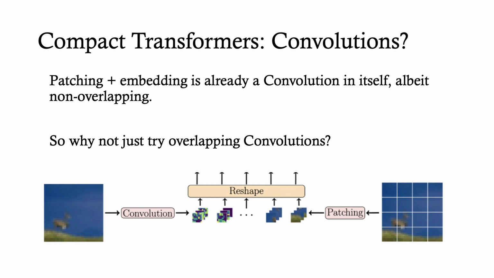Then why not just try overlapping convolutions? By having shallow convolutional layers at the input tokenization stage, not only are we able to make our models more flexible about input image sizes, but the inductive bias introduced can also make our model more efficient in learning and more accurate in the final results.